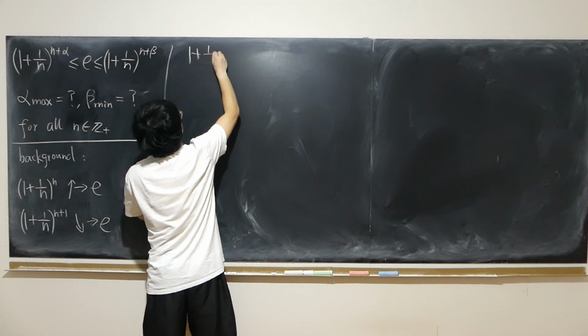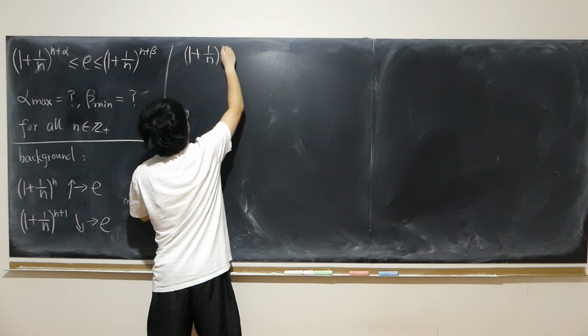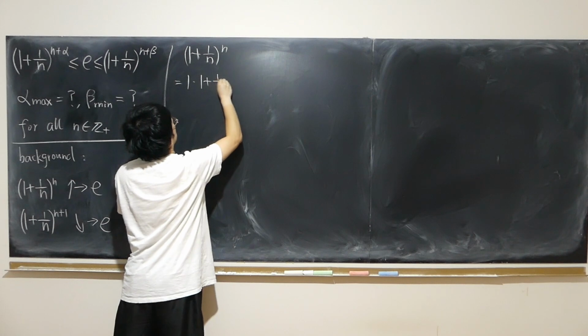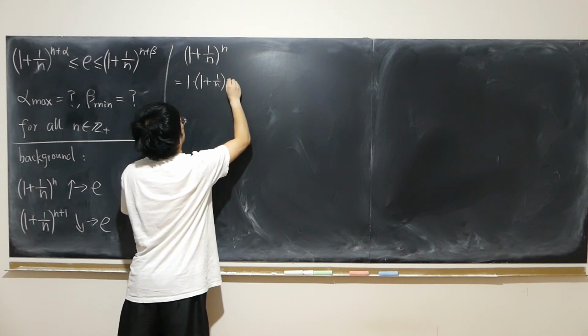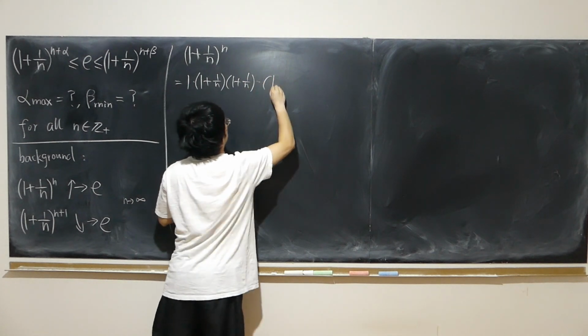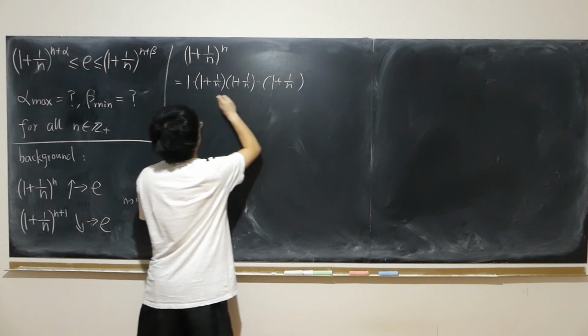1 plus 1 over n to the power of n is equal to 1 times 1 plus 1 over n times 1 plus 1 over n, and many of them.